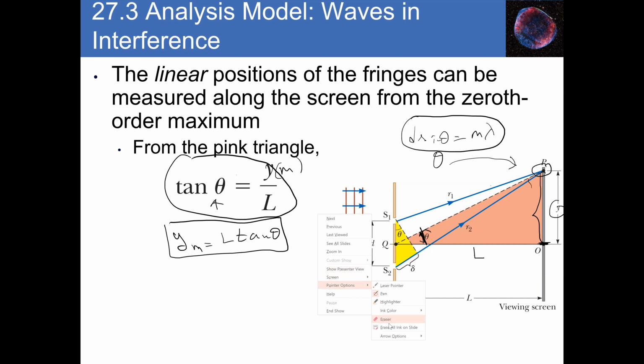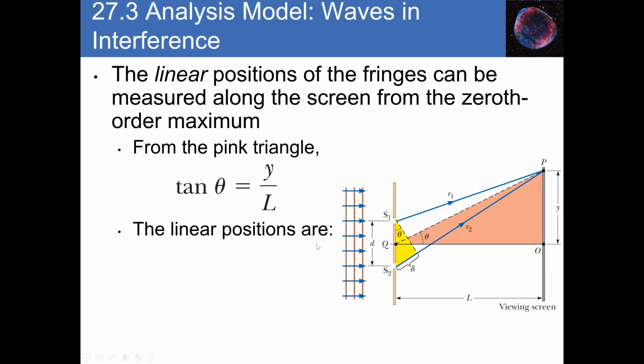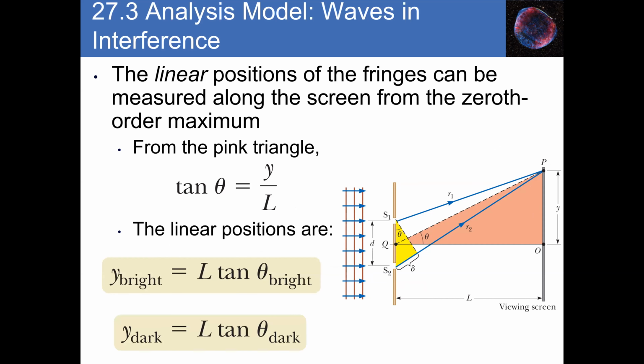All right. So the linear positions are y bright equals L tangent of theta bright, and y dark equals L tangent of theta dark. That means you have not two equations, because, for example, sine of theta equals m times lambda over d.